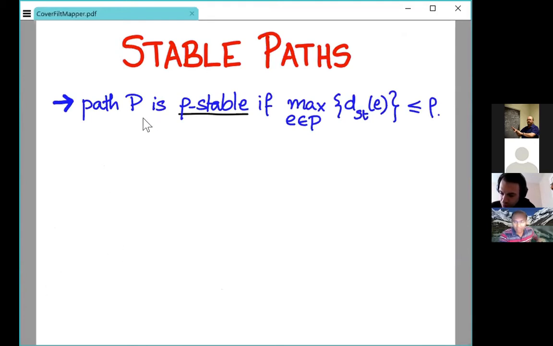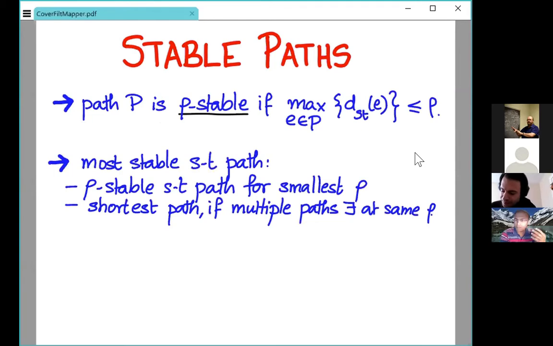Here I'm talking about a path in the one skeleton of the mapper. A path P is rho-stable if the Steinhaus distance of every edge in the path, in a bottleneck sense, is at most rho. Intuitively, what this captures is that every edge has at least some level of overlap. If you look at numbers, then every edge has 5 points defining it, for instance.